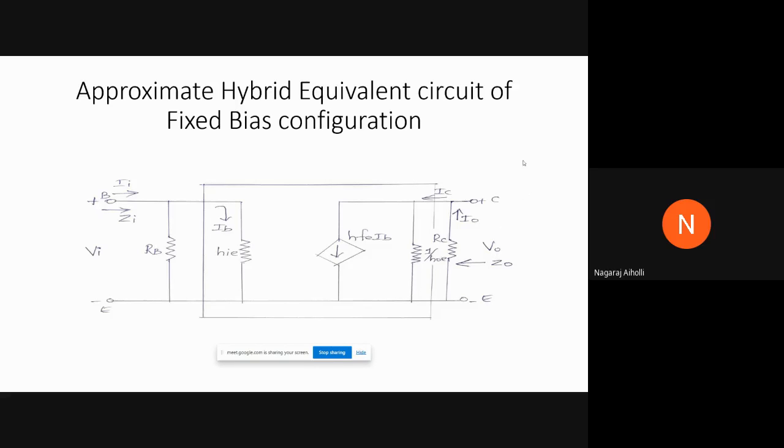Janvi, can you just think? What will be the output impedance? Z0. Here one resistance is 1 upon HOE or R0. Another resistance is RC. How are the resistances connected here?